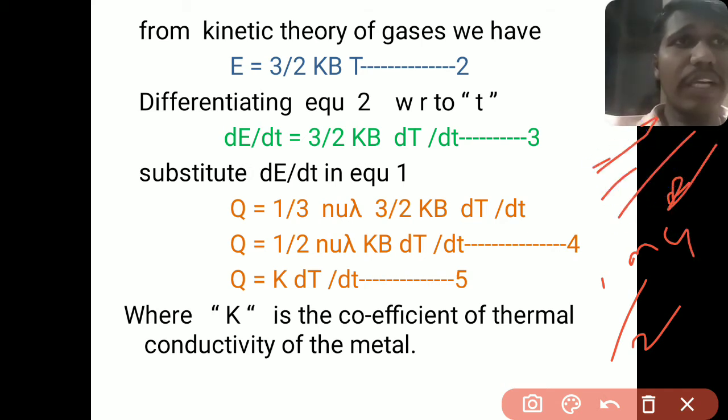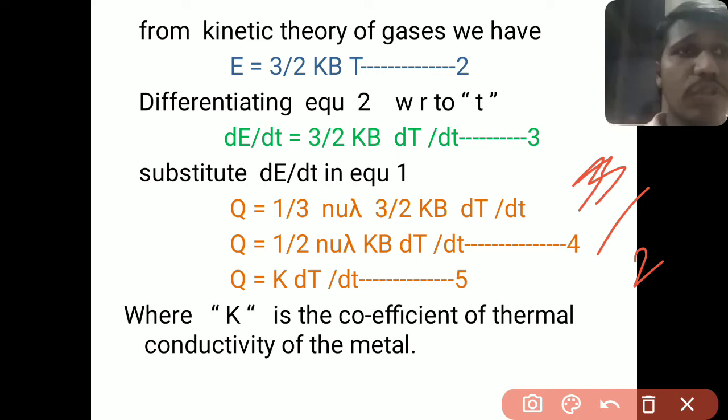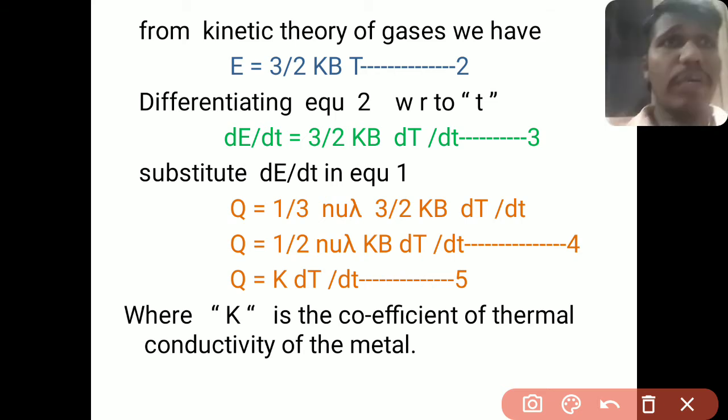So we take 3/2 kBT as equation number 2, that is E is equal to 3/2 kB into T, where kB is the Boltzmann constant, and T is the absolute temperature.